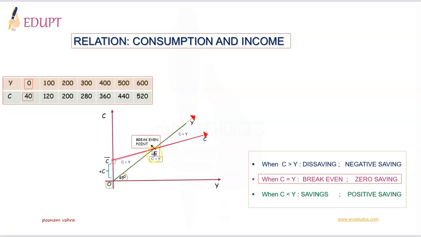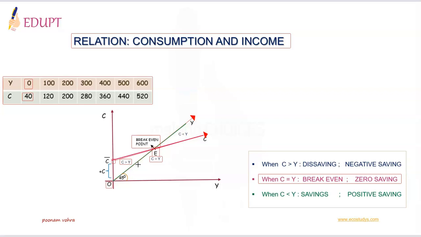Any point to the left of point E indicates that consumption is more than the income. So, households must find funds to meet such consumption expenses as income is less. This shortage in income forces them to use their past savings or sell their assets which they acquired in the past or resort to borrowing.